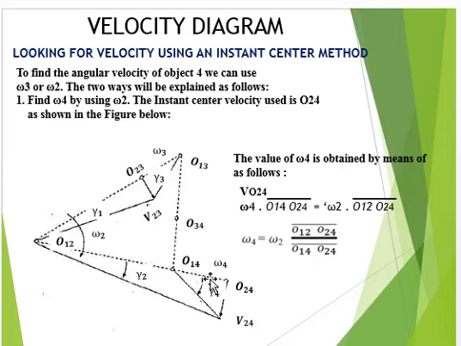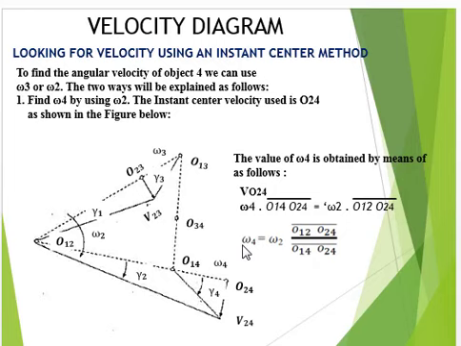This is this radius, and it is equal to angular velocity omega 2 multiplied by this radius, O12 O24. And then we can conclude from this equation how to find the angular velocity omega 4, or the angular velocity at link 4.